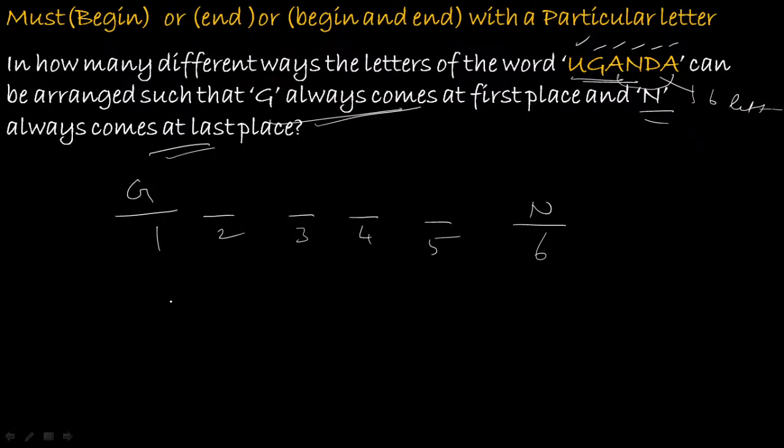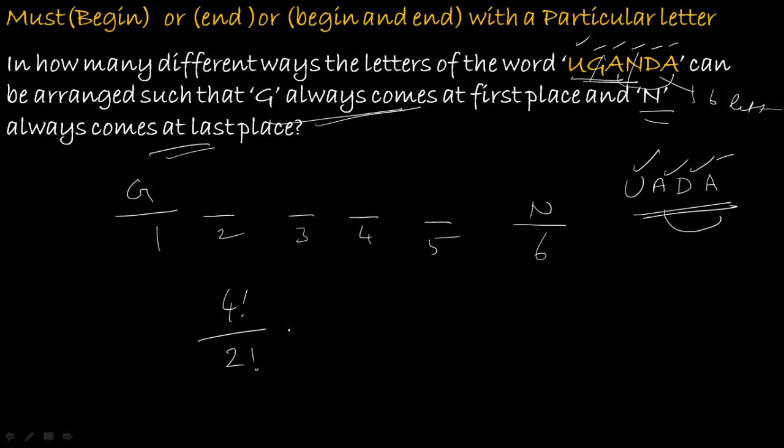These 4 letters can be arranged in 4 factorial ways, leaving G and N, you have U, A, D, A. Here the letter A repeats 2 times, so the total number of possible arrangements is 4 factorial divided by 2 factorial ways.